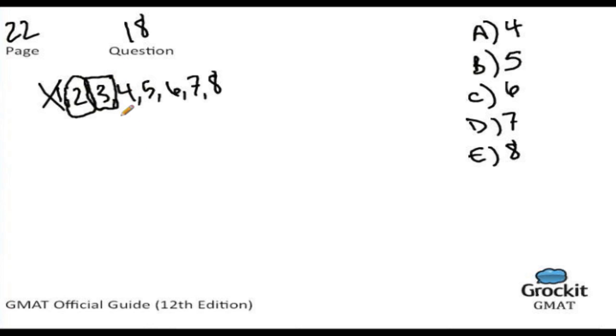Its factors are 1, 2, and 4. 5 is a prime factor, because its factors are 1 and 5. 6 has 1, 2, 3, and 6. 7 has 1 and 7. And then 8 has 1, 2, 4, and 8 as its factors.